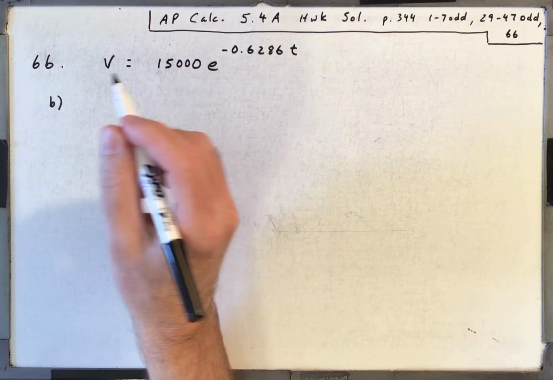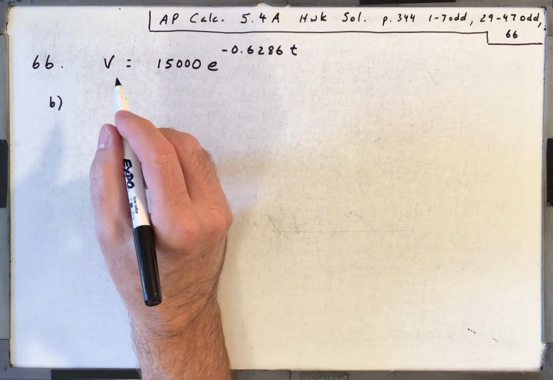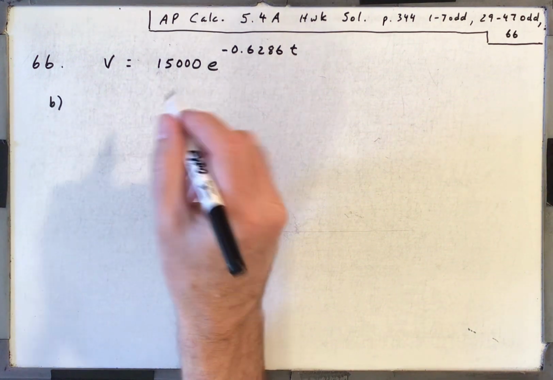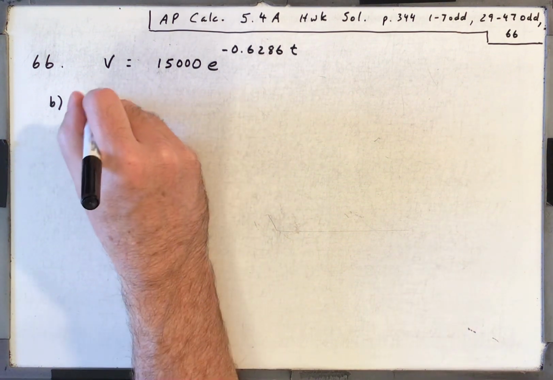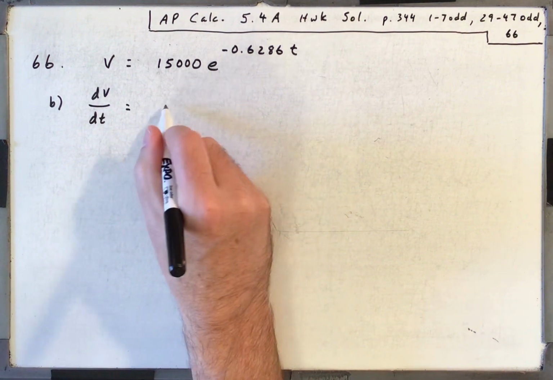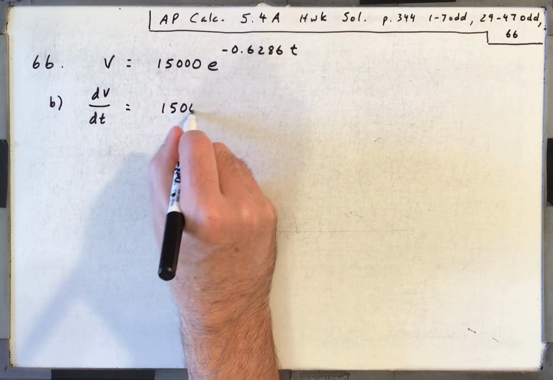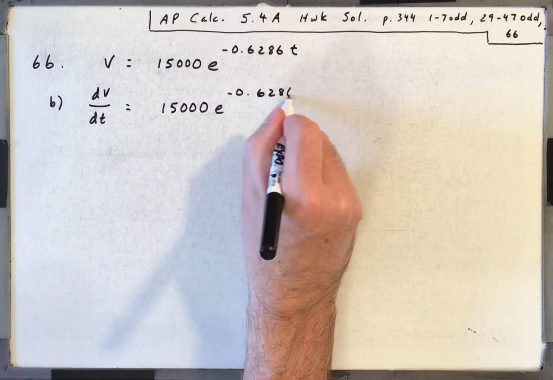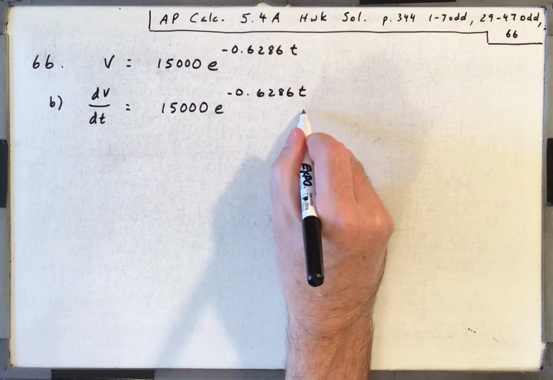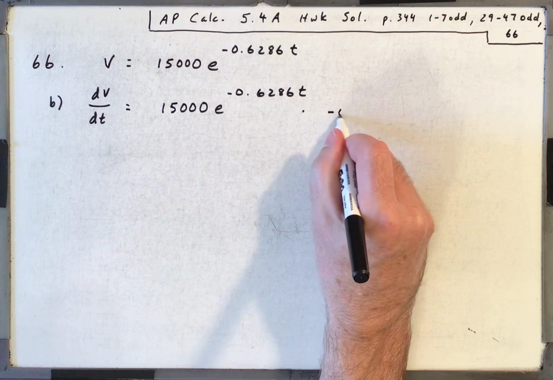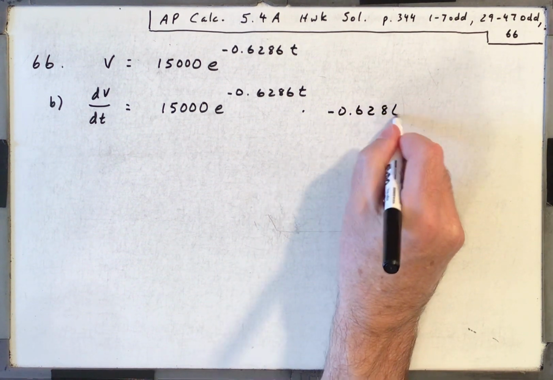All right, so it says find the rate of change when t equals 1 and t equals 5. All right, so really that's what we're doing here. So dV/dt, we're taking the derivative, that gives us the rate of change, right, is going to be 15,000 e to the minus 0.6286 t times the derivative of negative 0.6286 t, so times negative 0.6286.